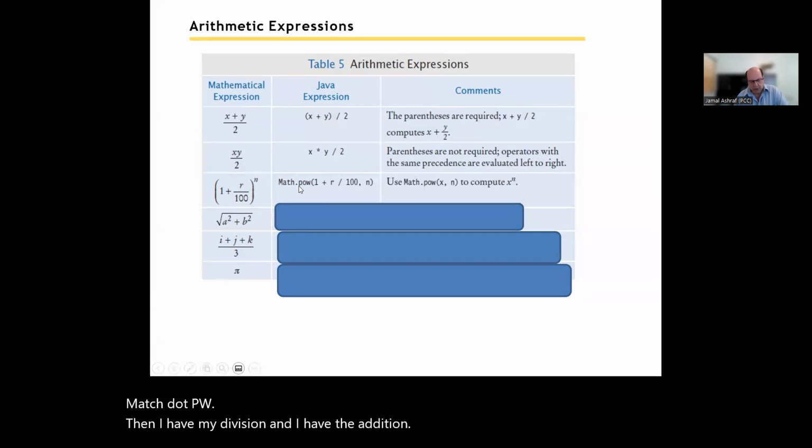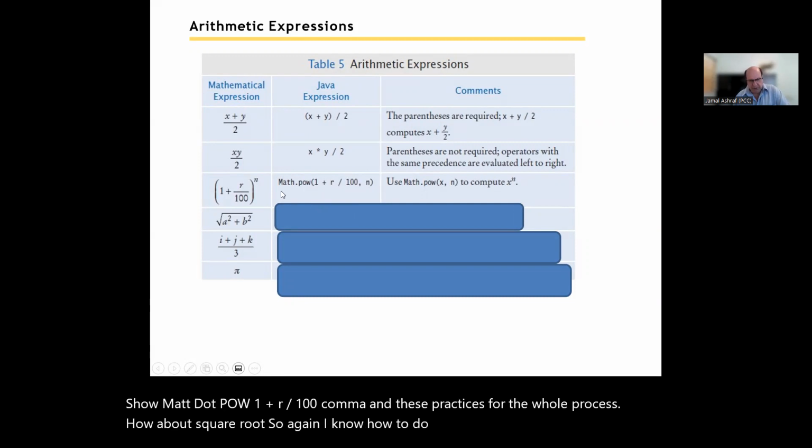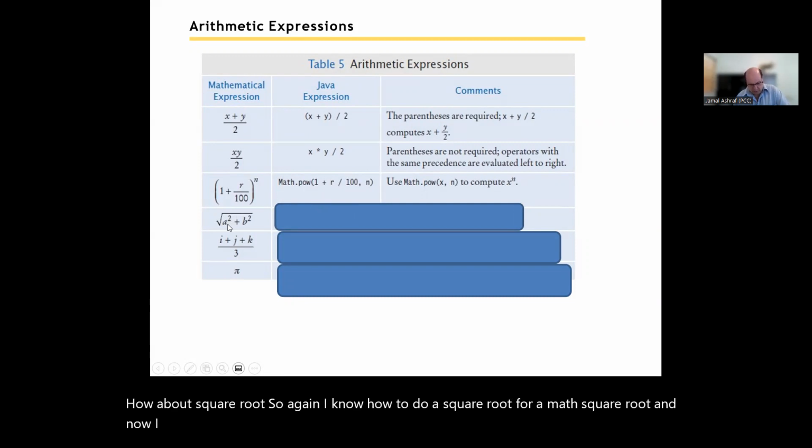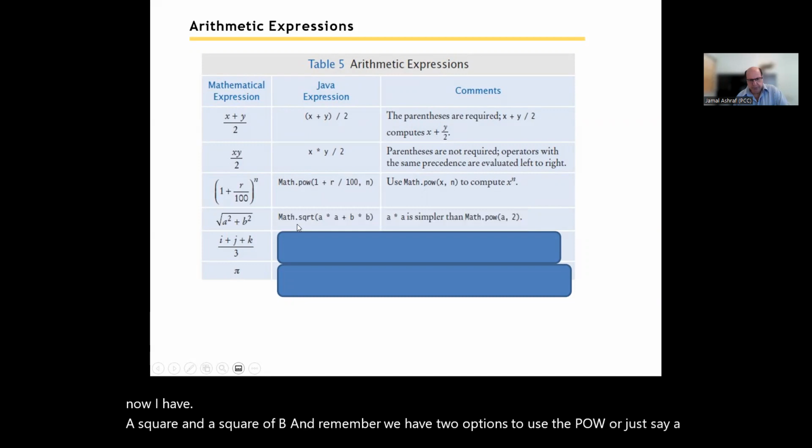So Math.pow, 1 plus r divided by 100, comma, n, and this parenthesis for the whole parenthesis. How about a square root? Again, I know how to do a square root with Math.sqrt. And now I have a squared and b squared. And remember, we have two options: use pow or just say a times a, b times b.